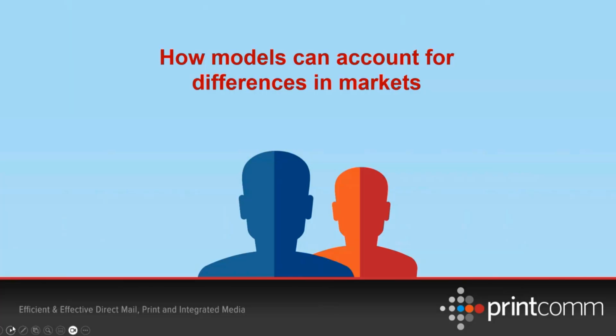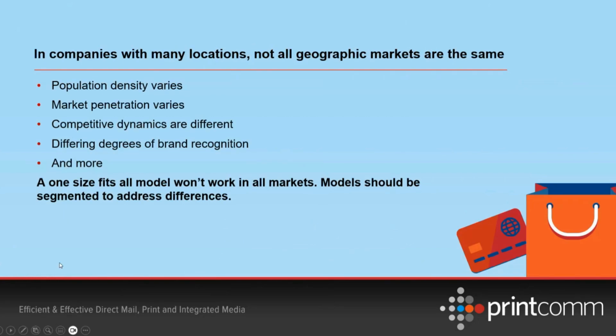Okay, how models can account for differences in markets. When companies have a lot of locations, there can be significant differences between stores. I'm from Michigan, so I'll use Michigan references: significant differences in the market between a store in Gaylord, Michigan, one in Grand Rapids, and one in Metro Detroit.